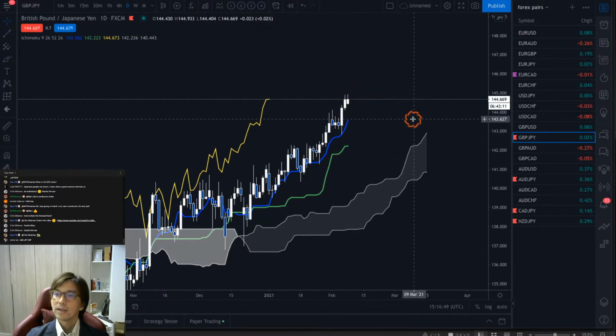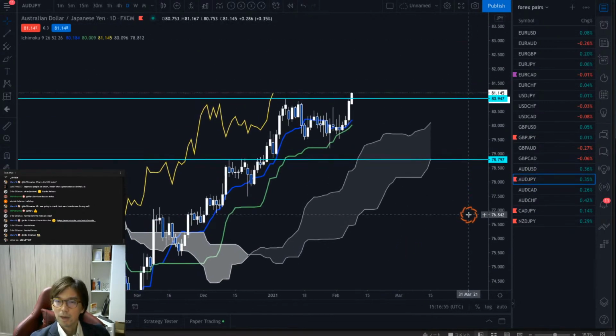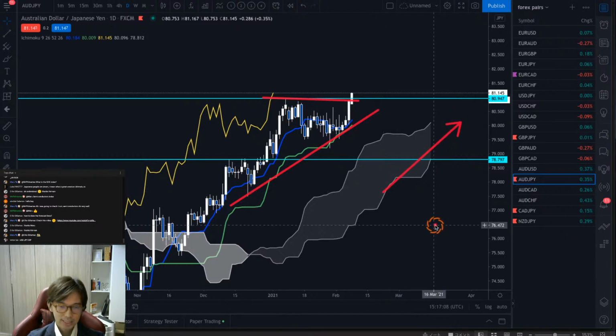So in terms of the Kumo, I think AUD JPY is the better one because it clearly broke the previous high and also broke the P wave. It broke the P wave, and the Kumo's angle is very nice, and it's got the nice thickness to it too.